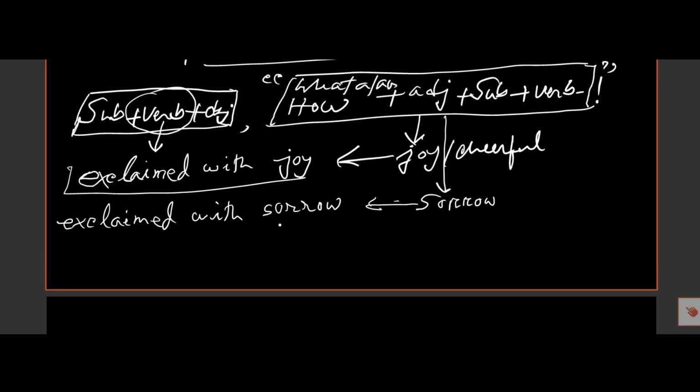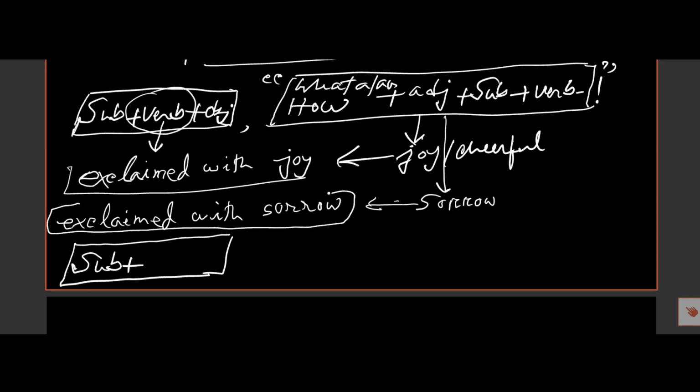Now the structure in direct to indirect. The structure of the exclamatory sentence in indirect speech is subject, then any one of these as reporting verb, either exclaim with joy or exclaim with sorrow.